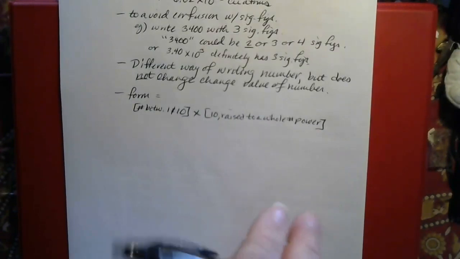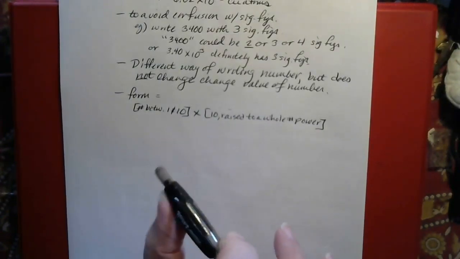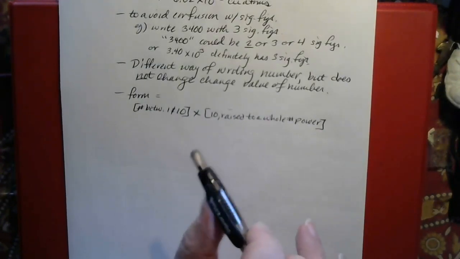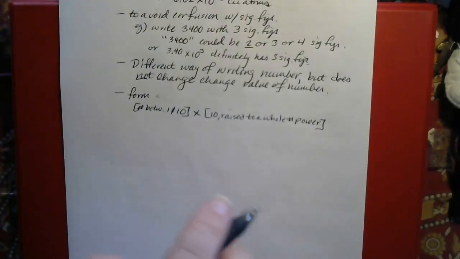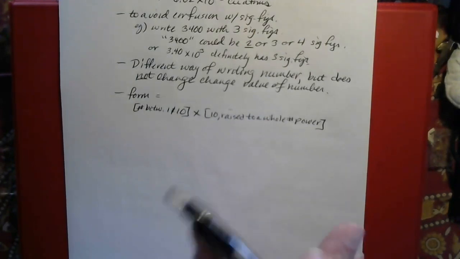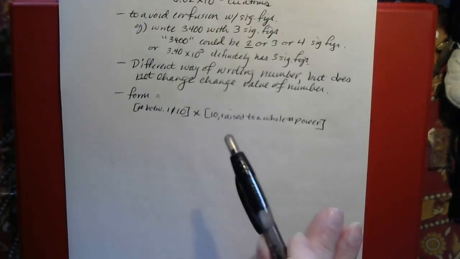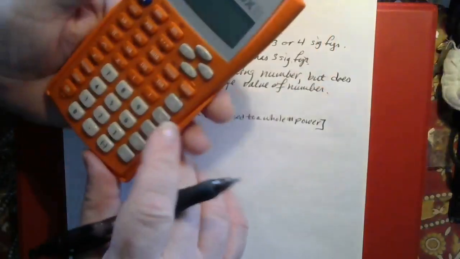So if you have a number like 2.0 times 10 to the 3.5, that is not proper scientific notation, because it should be a whole number power. If you end up with fractional powers and you want to know what they are in proper scientific notation or something close to it, you can always enter them into your calculator.